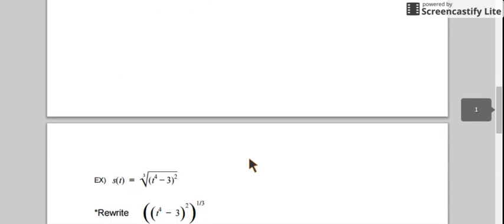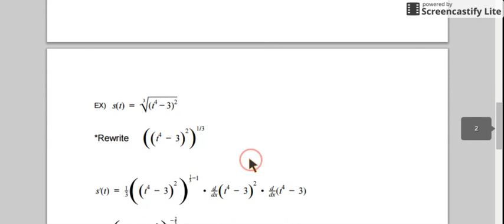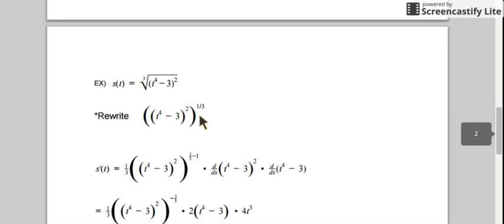We could do another example with a different type of function just to practice. Here I have the quantity t to the 4th minus 3 squared, and I'm taking the cube root of that. I could rewrite my cube root using a fractional exponent, and that will help us visualize the different layers. So we got 3 layers.